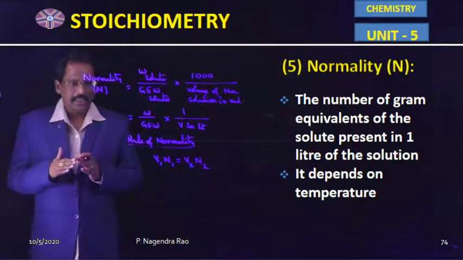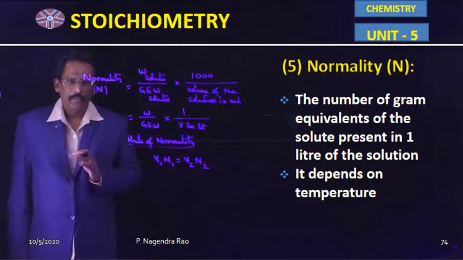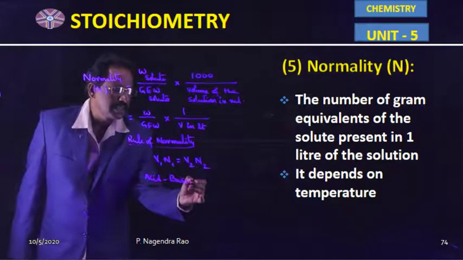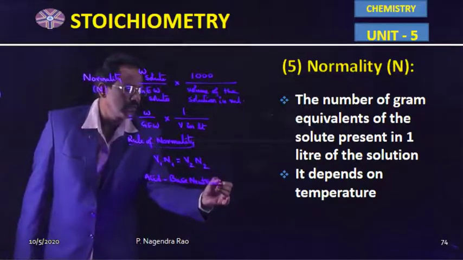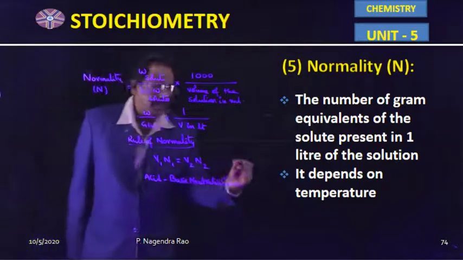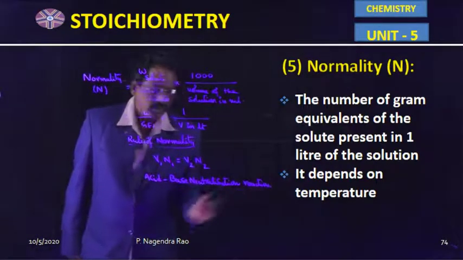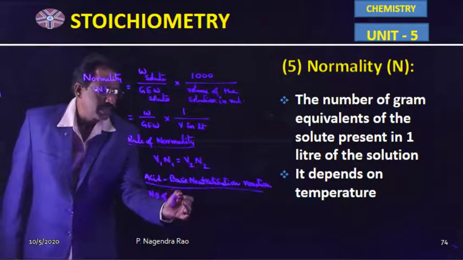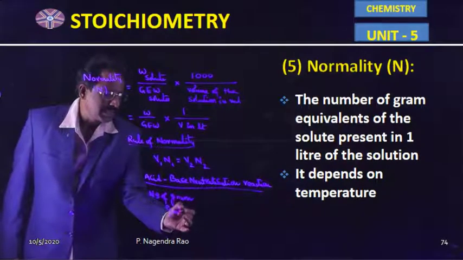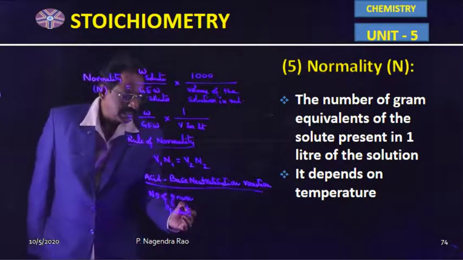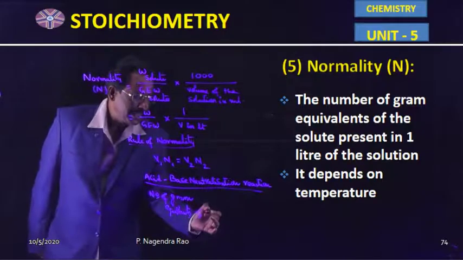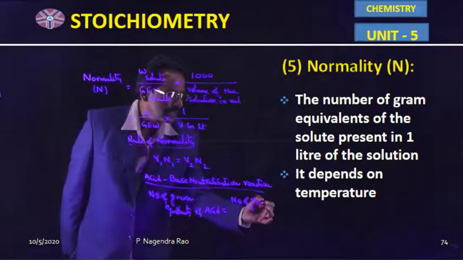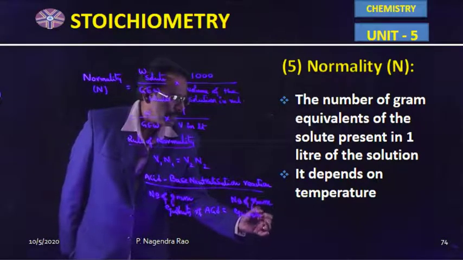Suppose in acid-base neutralization reactions, according to rule of normality, number of gram equivalents of an acid is equal to number of gram equivalents of a base.